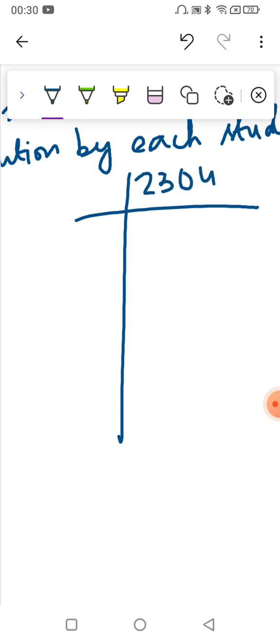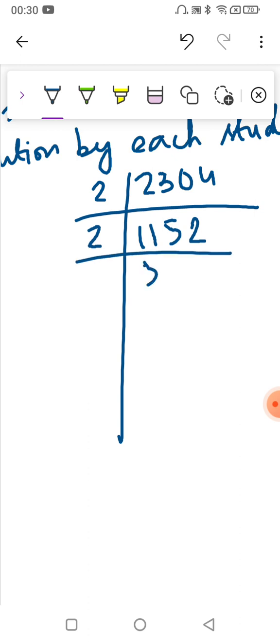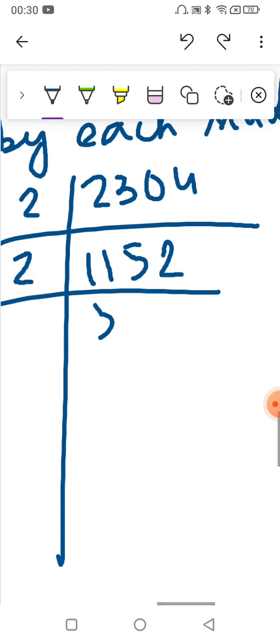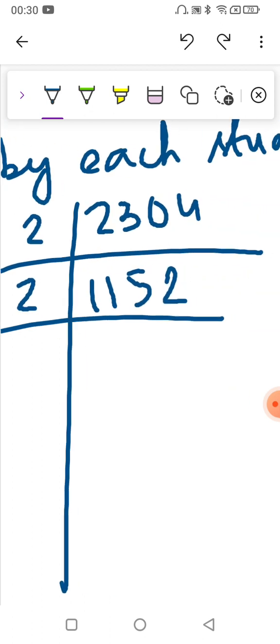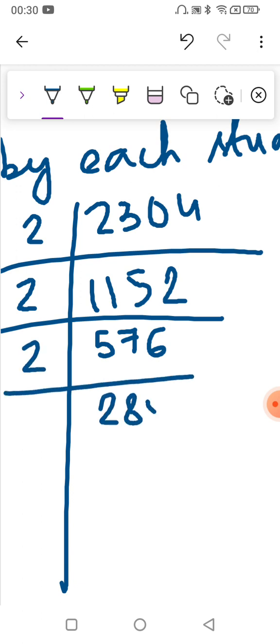2304, we can see it's an even number because there is 4 in the units place, so divide the number by 2, we get 1152. Similarly, we can divide the number by 2 again, we get 576. Again it will be divisible by 2, 288.